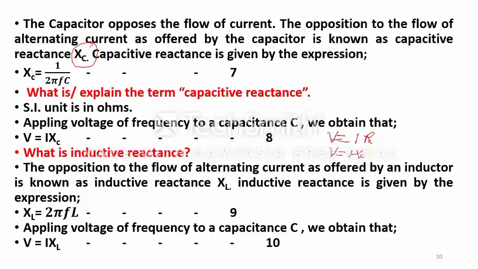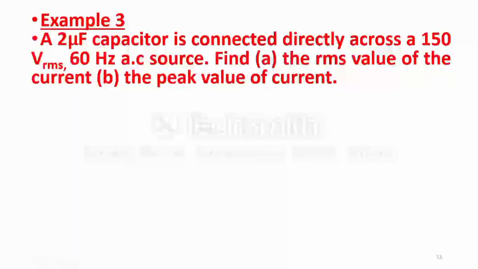The next example. This expression says a 2 microfarad capacitor is connected directly across a 150 volt root mean square 60 Hz AC source. Find the root mean square value of current and the peak value of current.